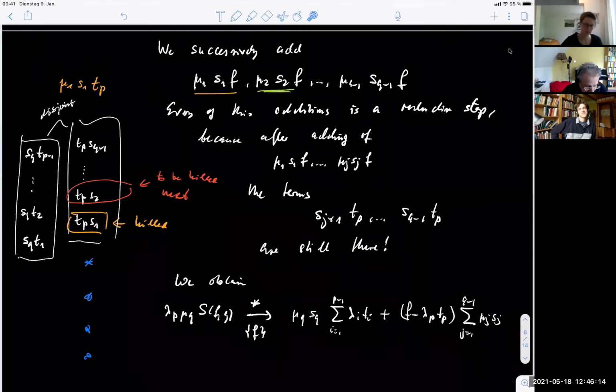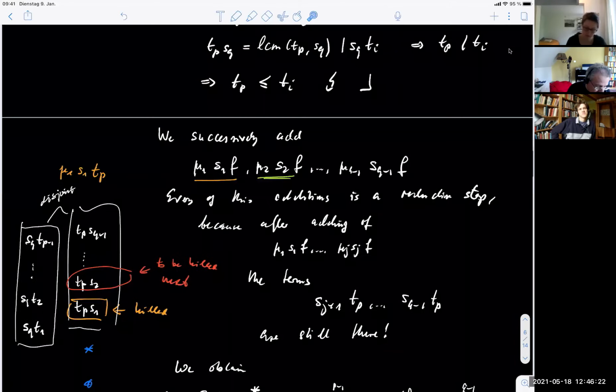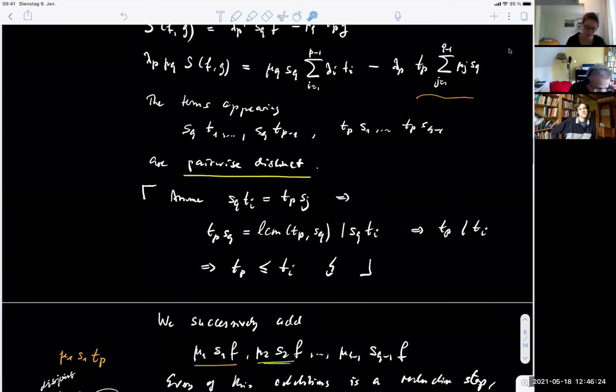Okay, but when we successively add these expressions, do we add them to S of Fg? Okay, this is a good question. I think when I wrote this, we added not to S, but we added to that. I think that's what I wanted to say.